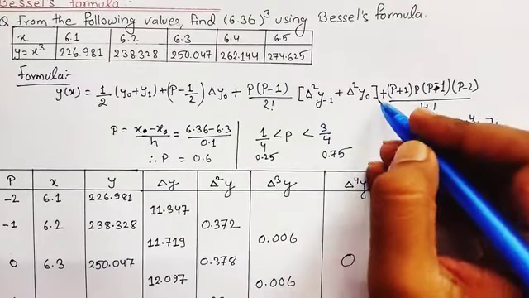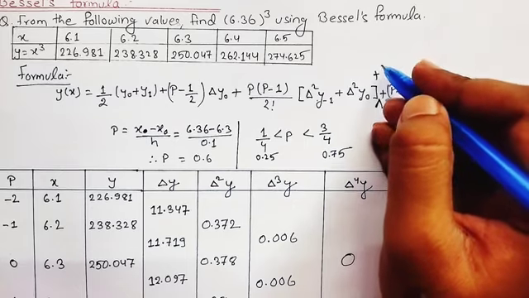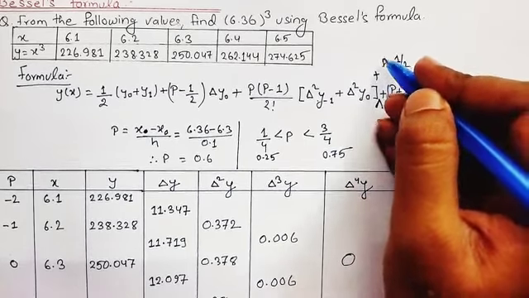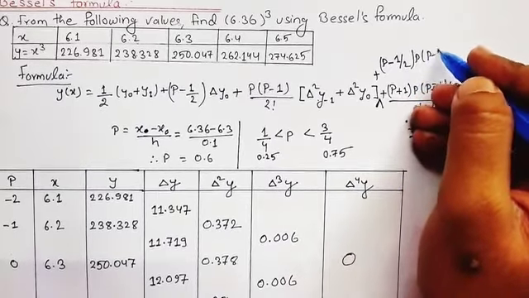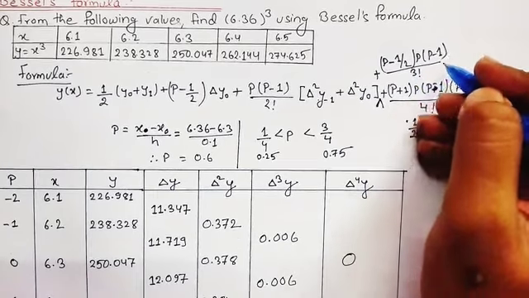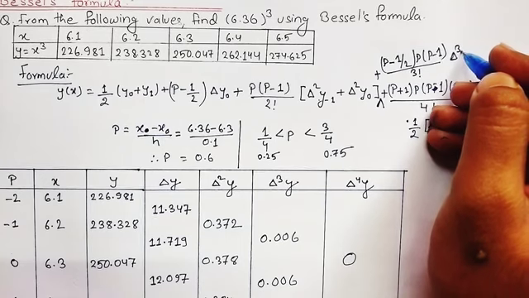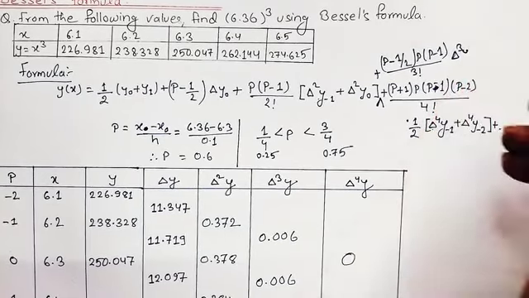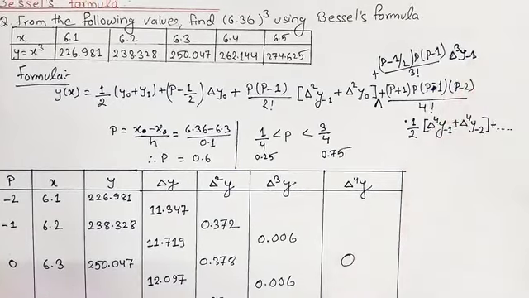In this formula we have one more term missing here, sorry for my mistake. Here we will have p minus 1 by 2 times p minus 1 upon 3 factorial multiplied by delta cube y minus 1.